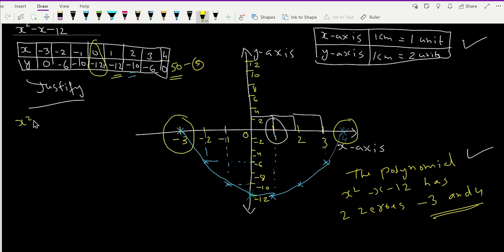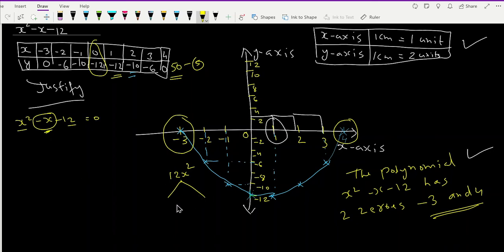So we will take x square minus x minus 12 is equal to 0. So this is our polynomial. Now we will try to split the middle term. For that, you have to multiply the last term with the first term, so you will get 12x square. You have to take the factors of this 12 so that we get the value of the middle term.